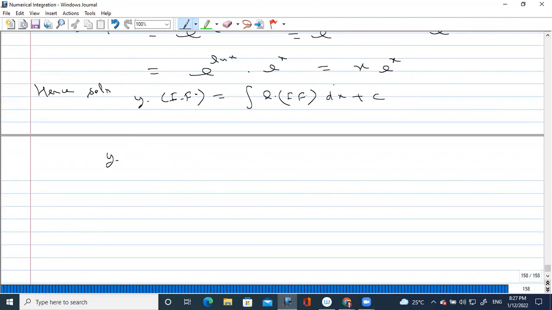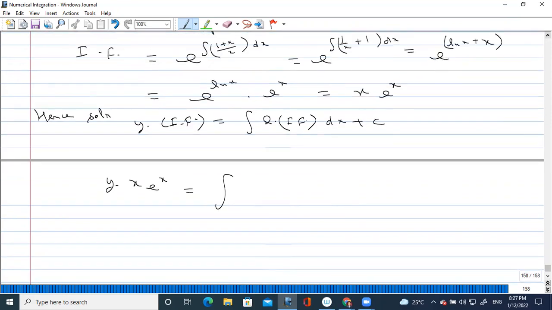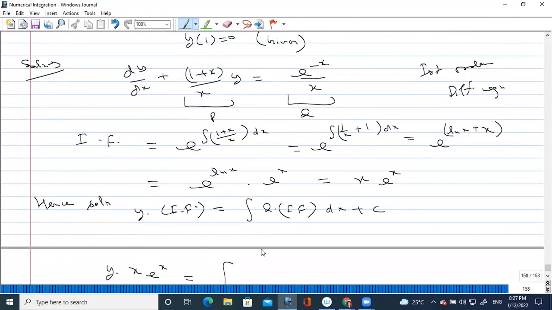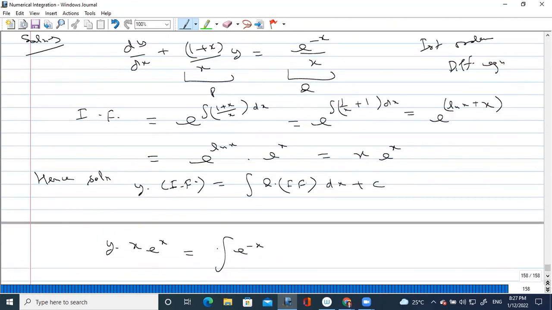So y into integrating factor is x e to the power x. Now you will see here q is e to the power minus x by x, into the integrating factor, which is x e to the power x.